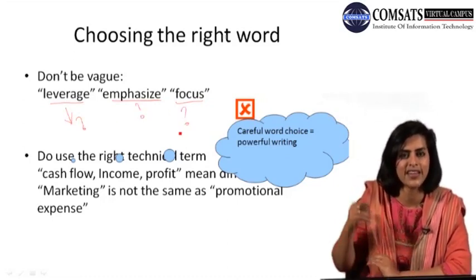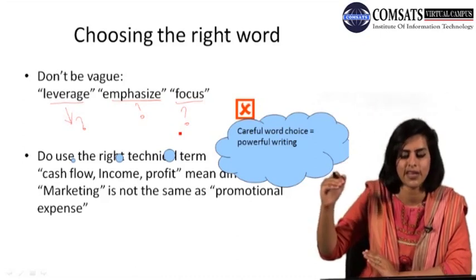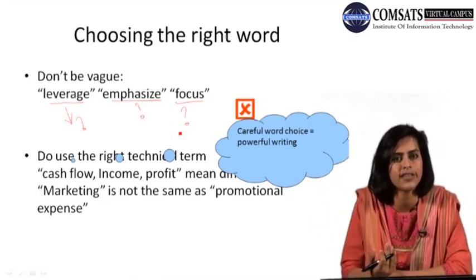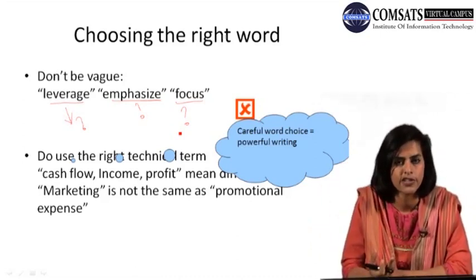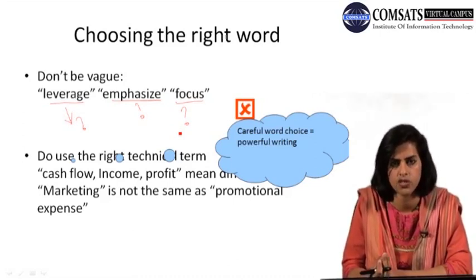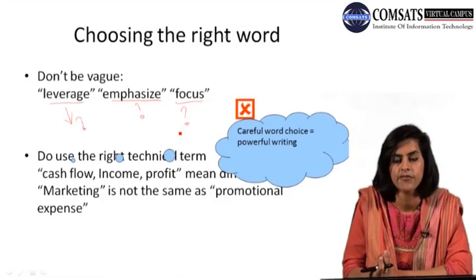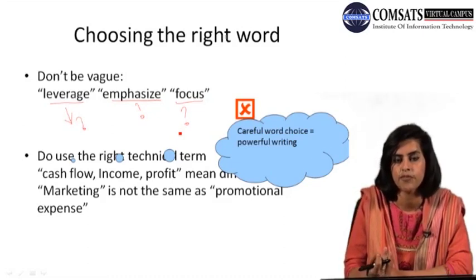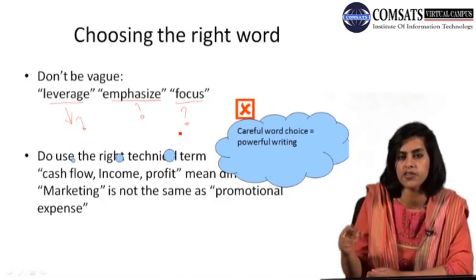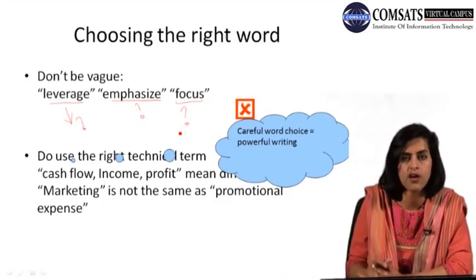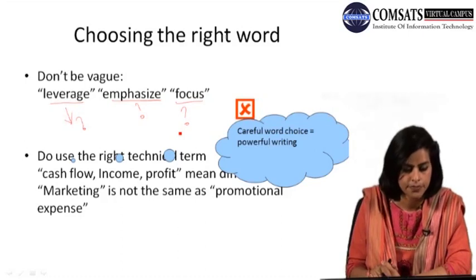You cannot decide the level of that thing. So you are looking for the right word that you can use. I have given you 10% leverage in so and so. I emphasize that 50% should be done this way. This is how you put words which are not vague.